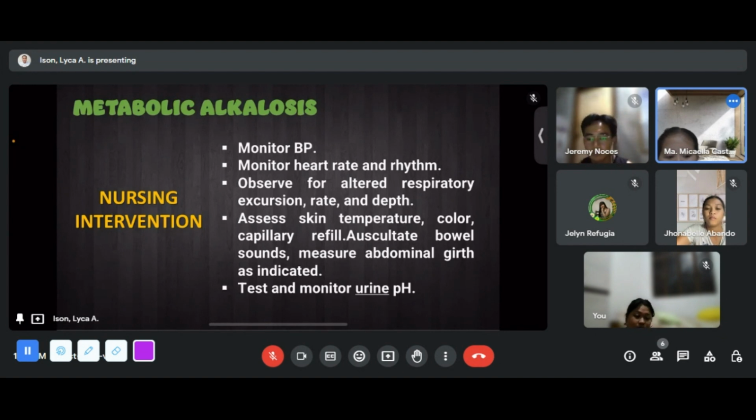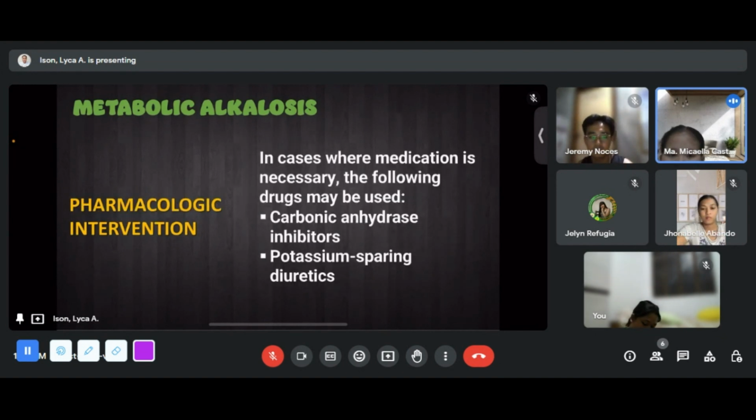Next. So, pharmacologic intervention. In cases where medication is necessary, the following drugs may be used. So, ito carbonic anhydrase inhibitor. Example dito yung acetazolamide.